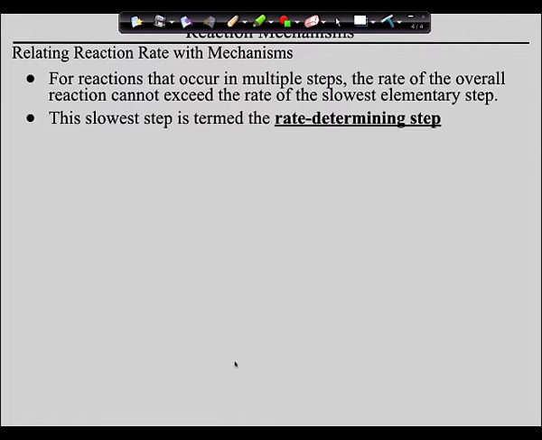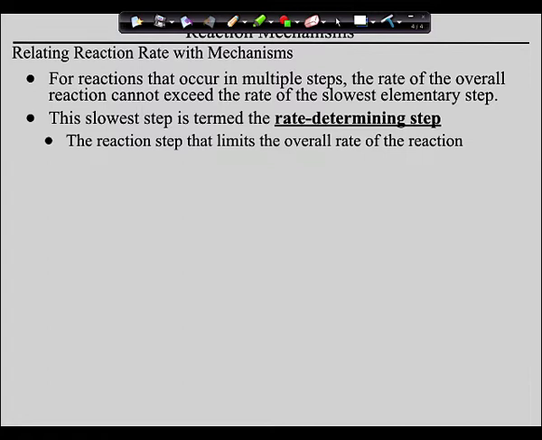And we call this slowest step the rate determining step. So by definition, the rate determining step is the reaction step that limits the overall rate of the reaction.